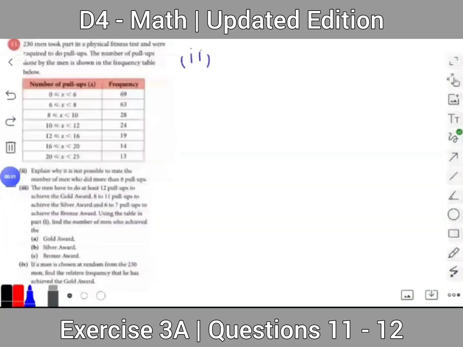Now in part 2, explain why it is not possible to state the number of men who did more than 8 pull-ups.